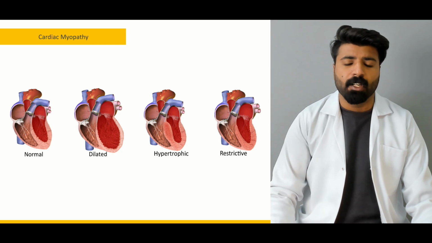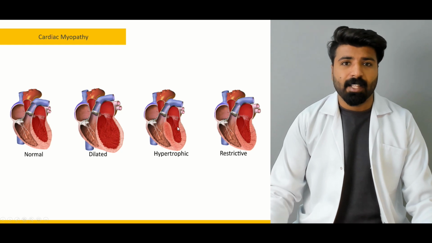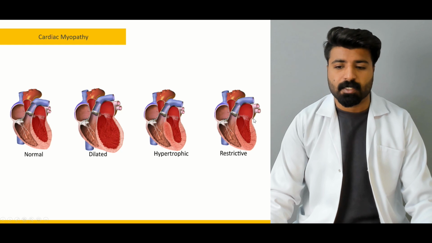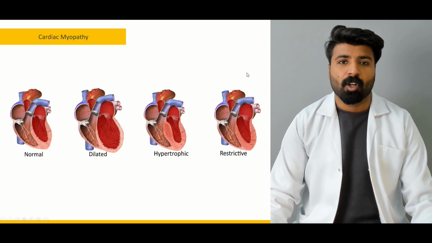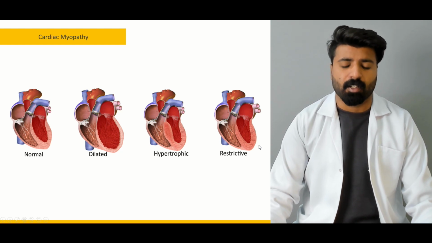They have hypertrophy, and in order to compensate, the chamber of the left ventricle has decreased in size. And in restrictive, the pathology lies right outside of it, so not much has happened to the walls of the left or right ventricle.